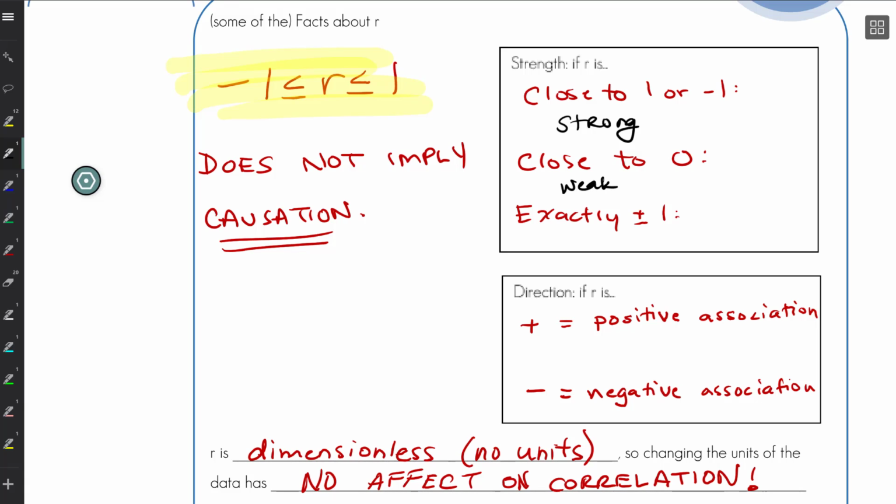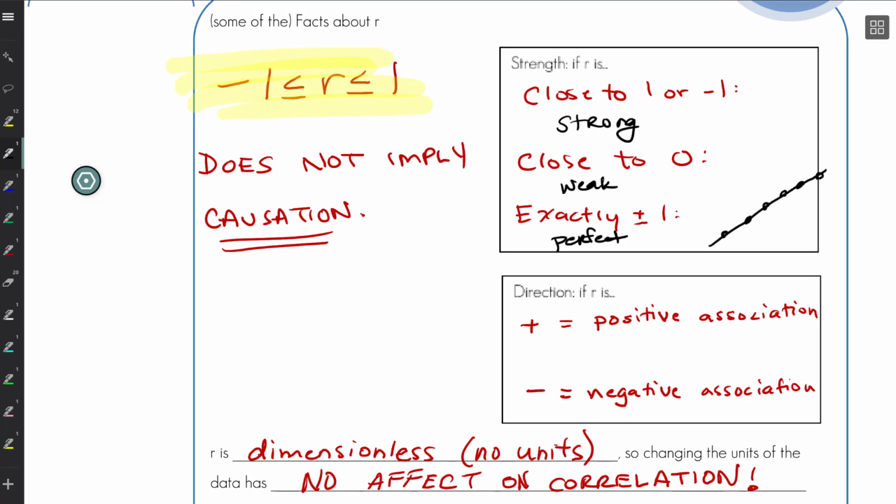It'll seem like complete random scatter if we have a correlation of 0. If you have exactly +1 or -1, we would say that is a perfect association, which almost never happens unless you're in an algebra course looking at some kind of line. All the dots in a data set would lie exactly on that line, and that would be a perfect correlation.